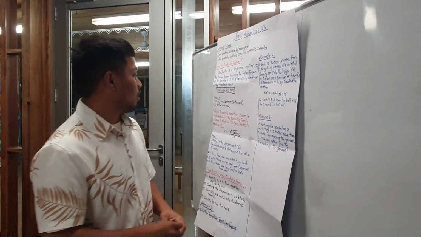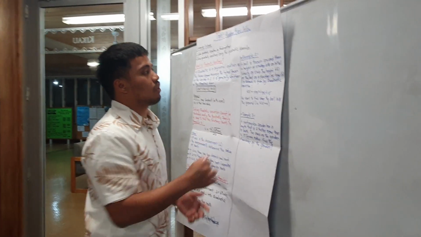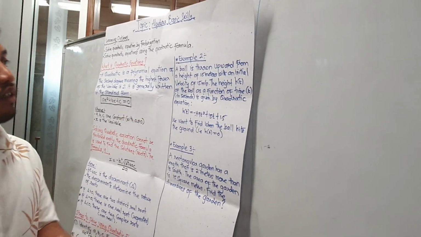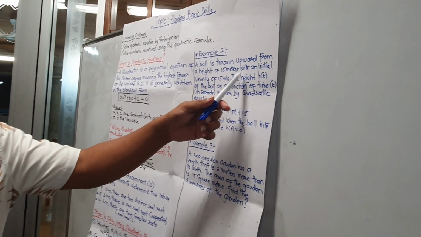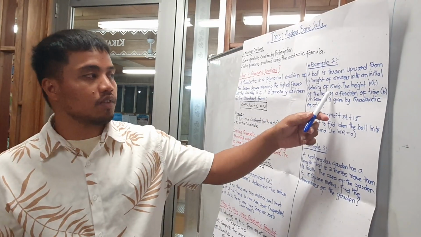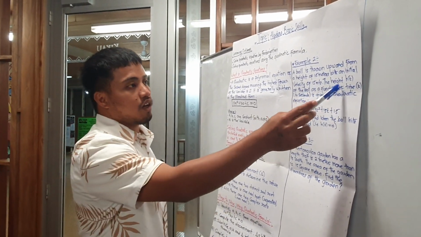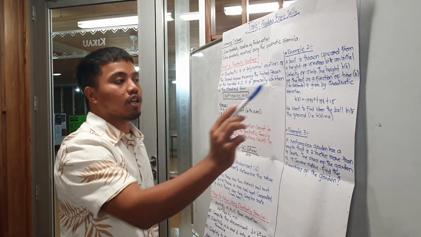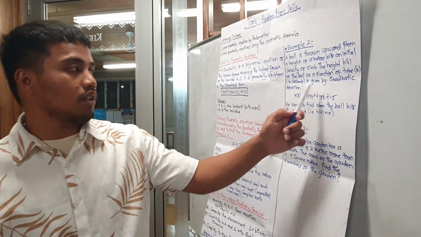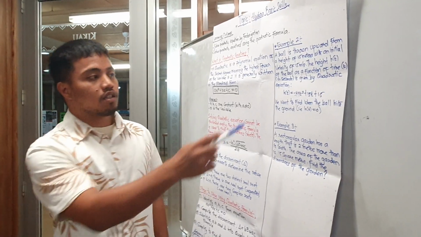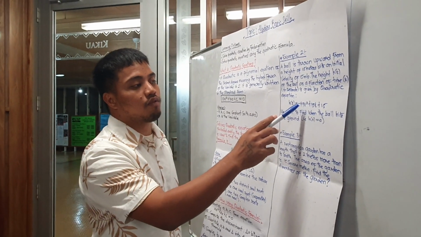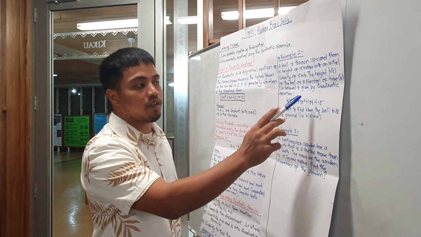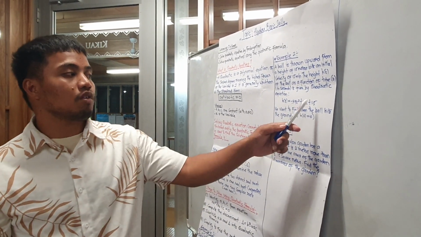So let's see an example here. A ball is thrown from a height of 1.5 meters with an initial velocity of 15 meters per second. The height h(t) of the ball as a function of time t in seconds is given by the quadratic equation h(t) equals negative 4.9t squared plus 15t plus 1.5.